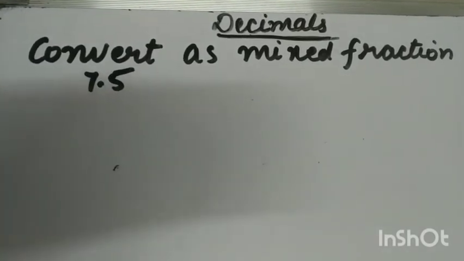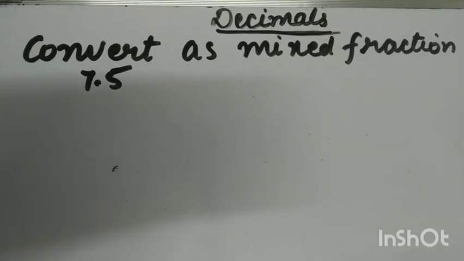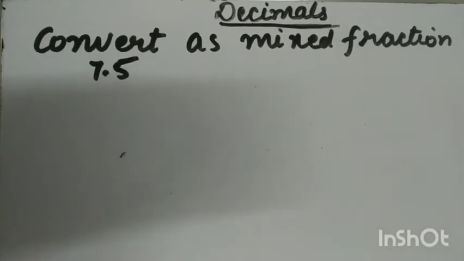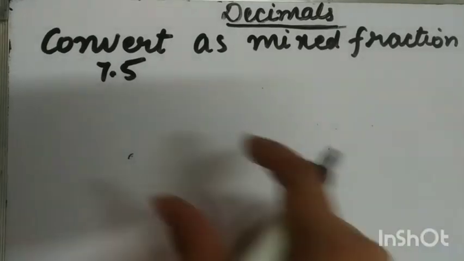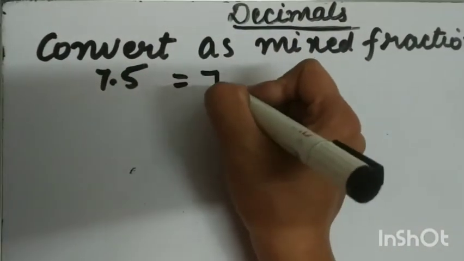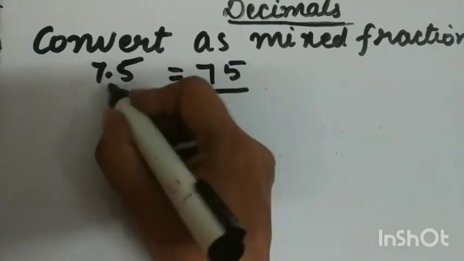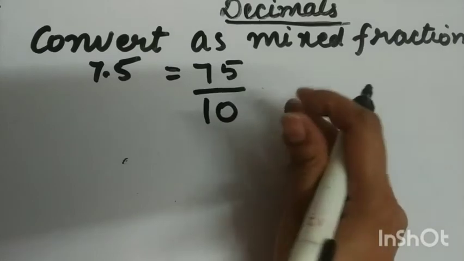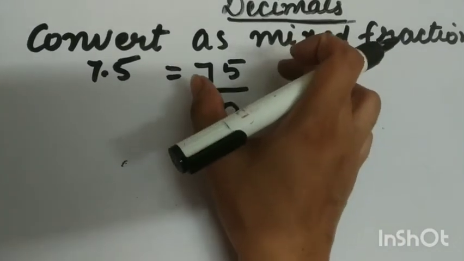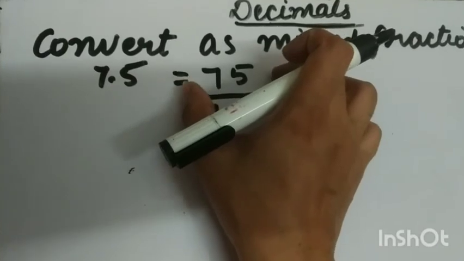Question is convert as mixed fraction. In the previous example we have converted into fraction, and this we have to convert into mixed fraction. Here the number is 7.5. So it will become 75 upon 10, because in the numerator we write the number without decimal point.